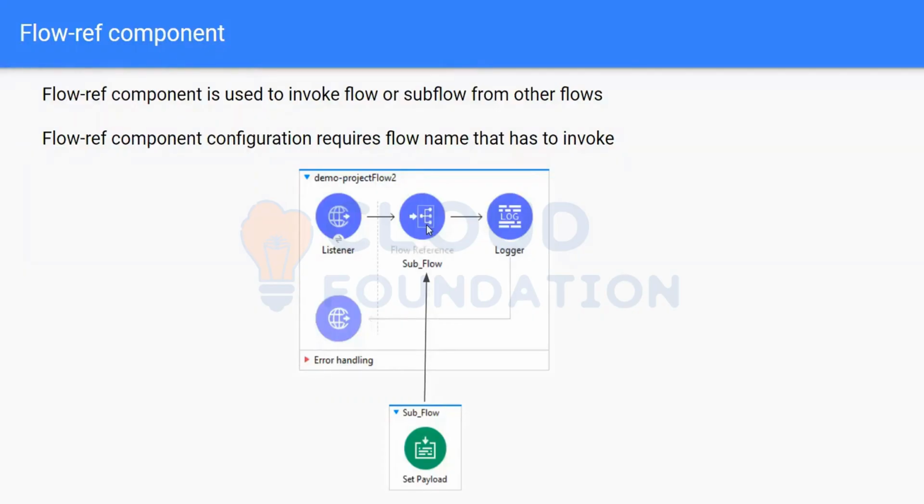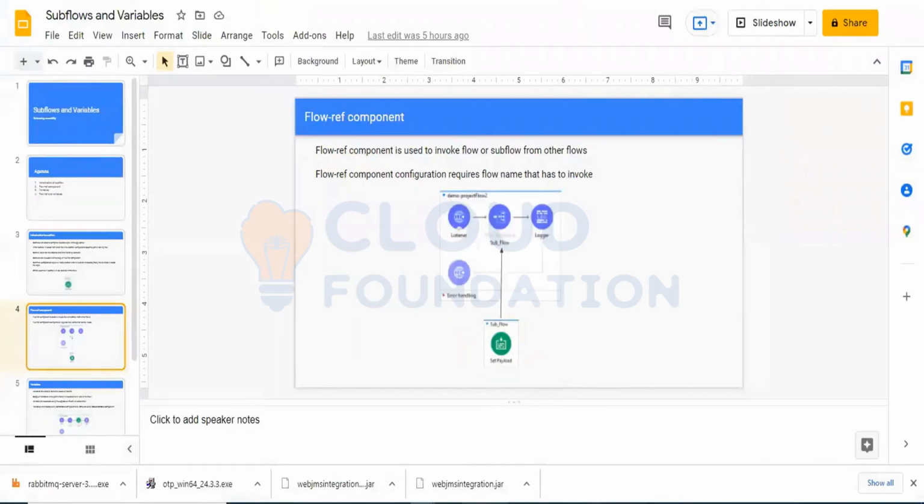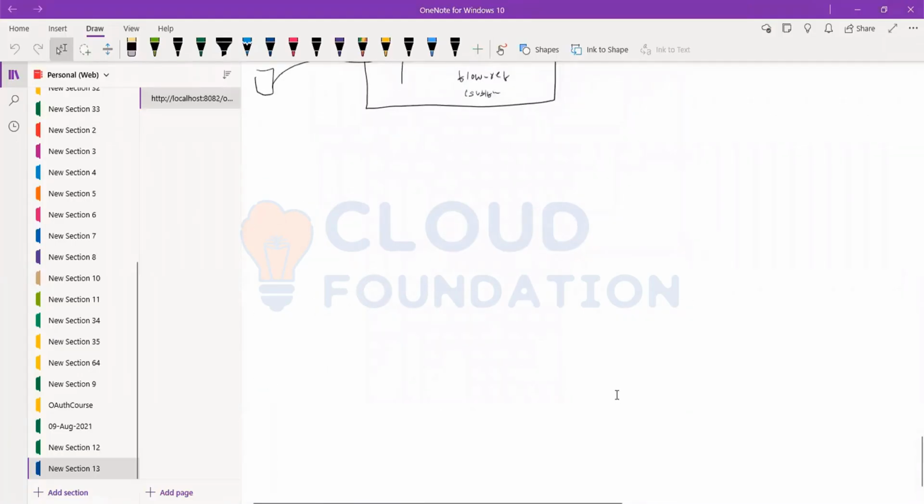Got it. I see. Okay, now the question I come to. Usually we thought that a flow will refer to a subflow using a flow reference, and a subflow can refer to another subflow. Or even a subflow can refer to a flow.